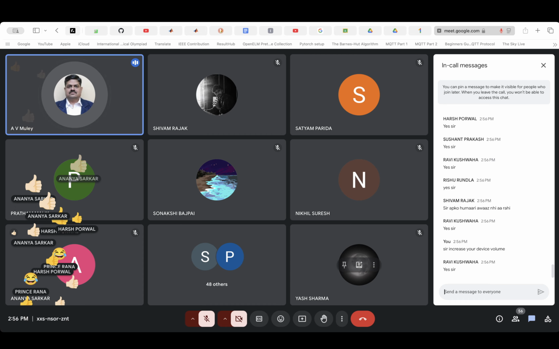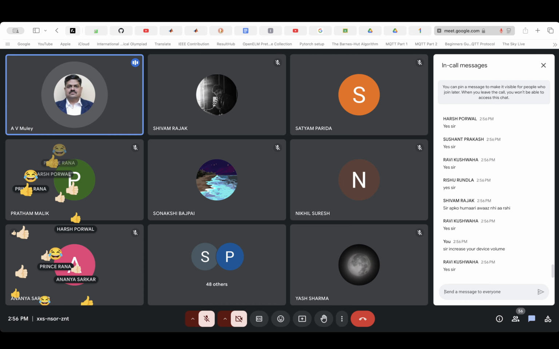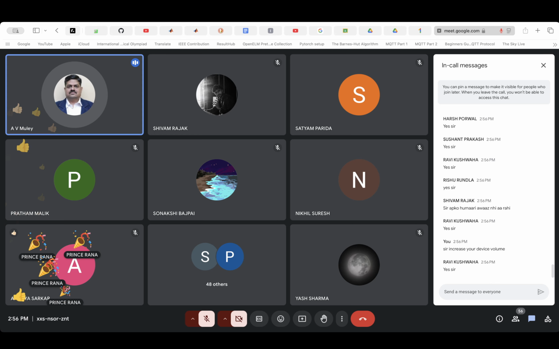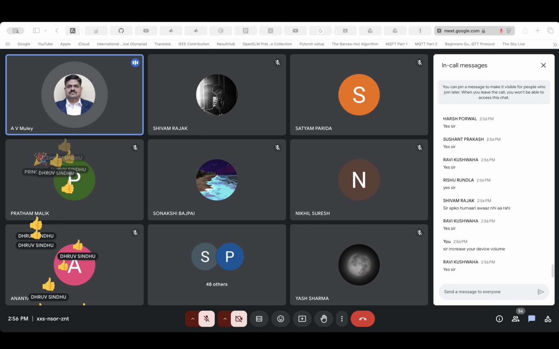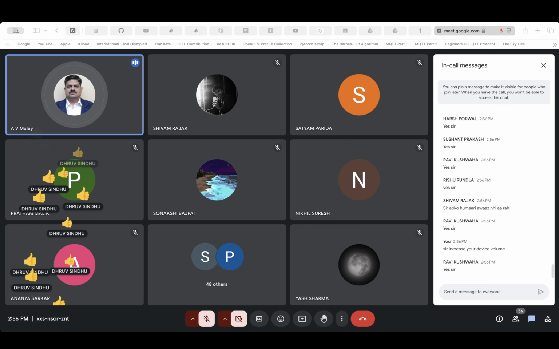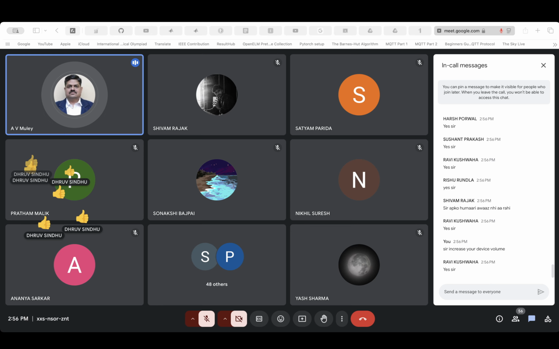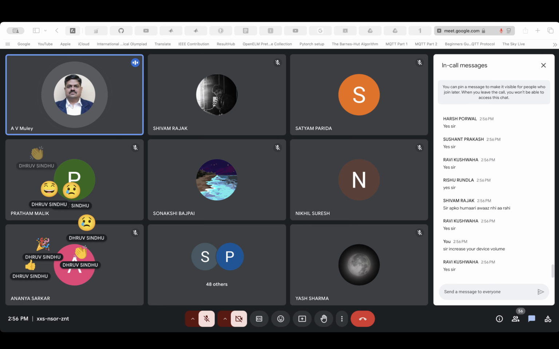So anyway, there are 56 students who are present over here. I'm going to mark the attendance as per the roll number which is posted and written as present in the chat box. ठीक है? आप लोग जा सकते हैं, मैं इसके हिसाब से कर दूंगा.